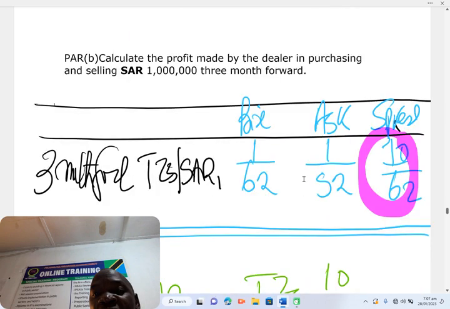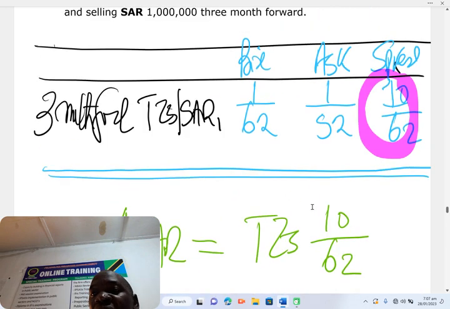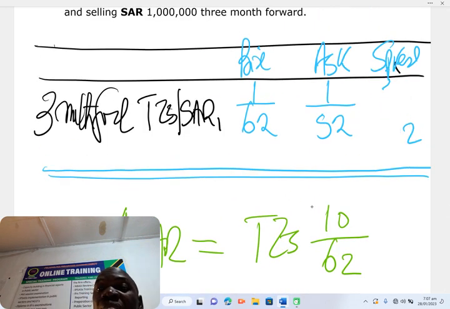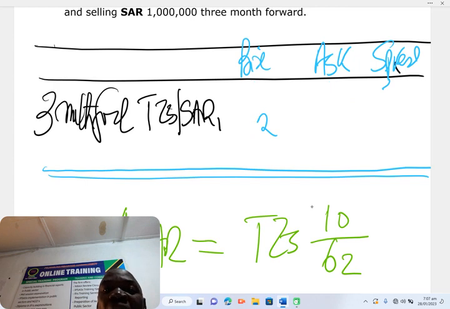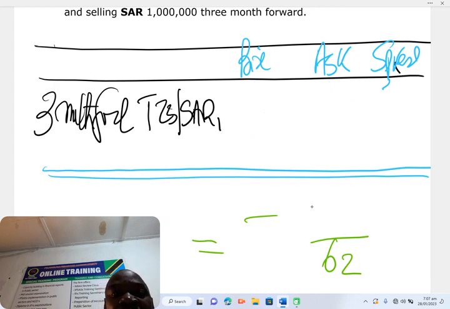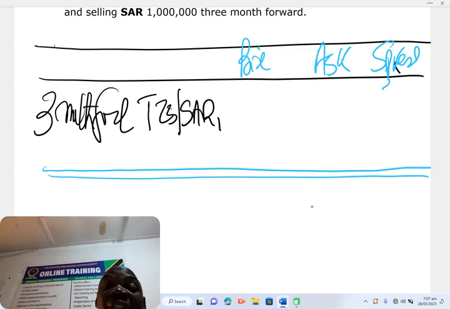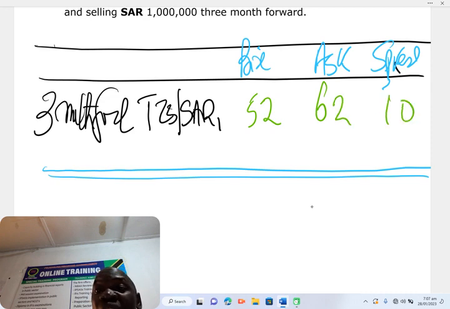We have used 4 Tanzanian shillings. Sorry. This transaction, the quotation is not okay. The bid one is 52 against 62. And the spread is 10. Sorry. That was an idea.